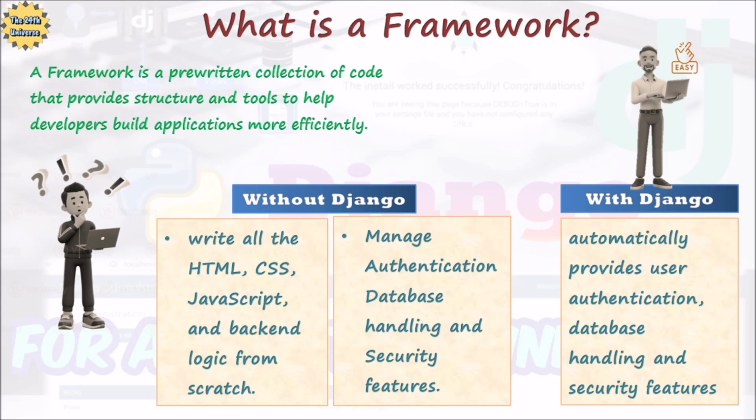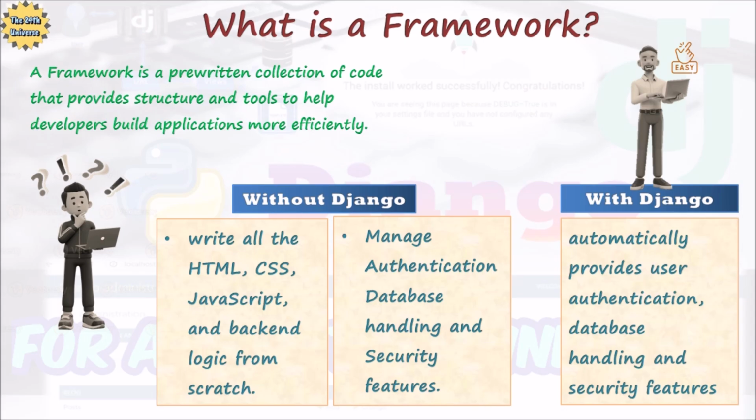A web framework is essentially a collection of tools and libraries that help developers create web applications without having to write every single feature from scratch. So, instead of worrying about how to handle user authentication, database interactions, or security, Django provides built-in solutions to handle these complexities.